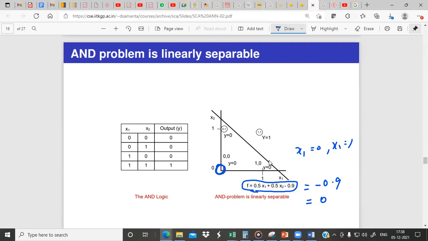For 1, 0 also it will be here only. For 1, 1, it is 1 into 0.5 plus 1 into 0.5, which is 1 minus 0.9, that is 0.1.